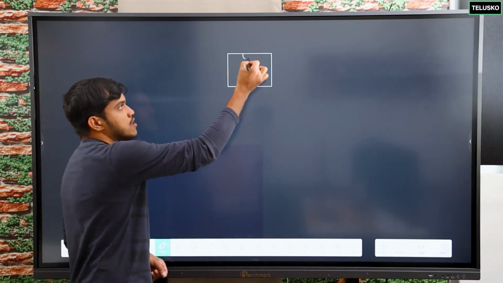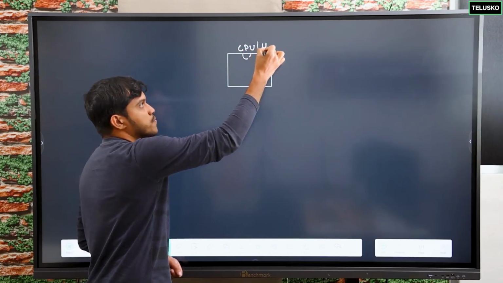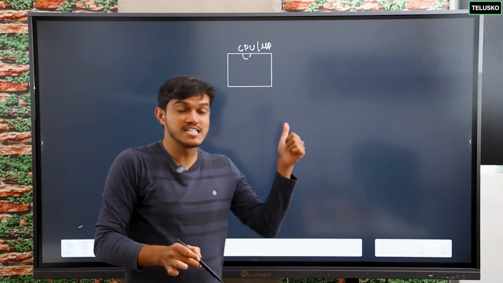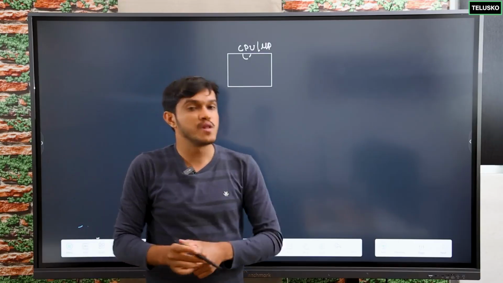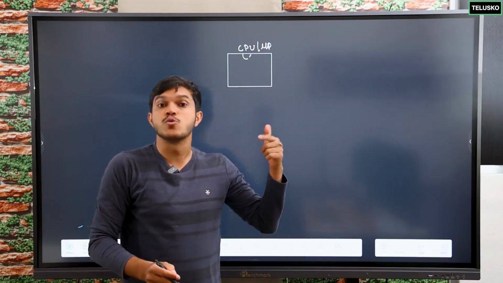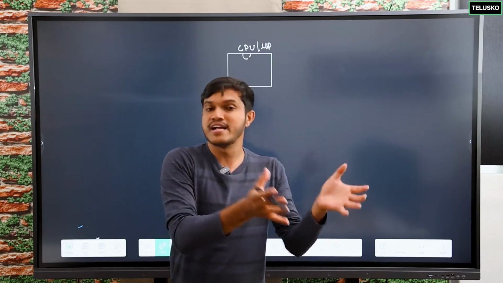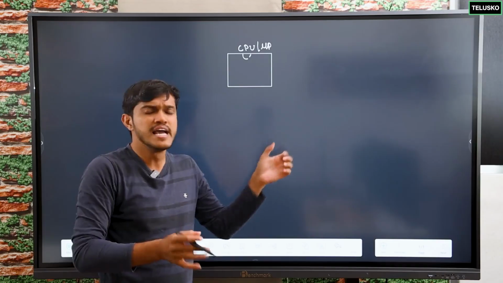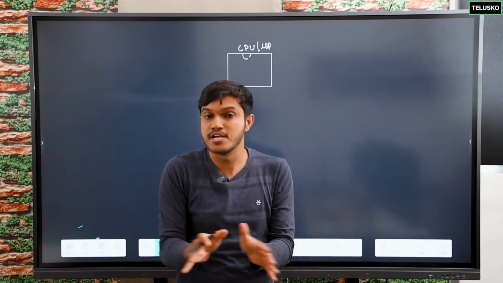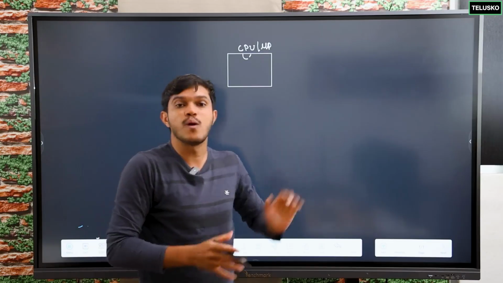Whatever happens in your computer, this processor is responsible for it. If you are able to play music, the processor is responsible for executing that. If you are able to dial a number to call your friend, the processor is responsible. Everything which is happening in your machine, in your computer, the processor is the responsible one.